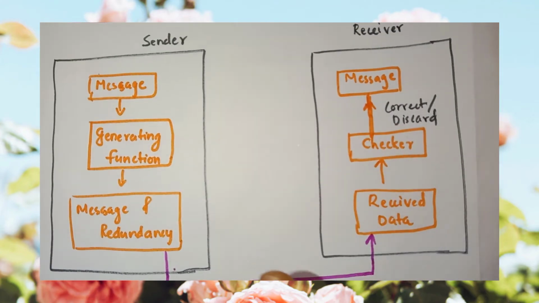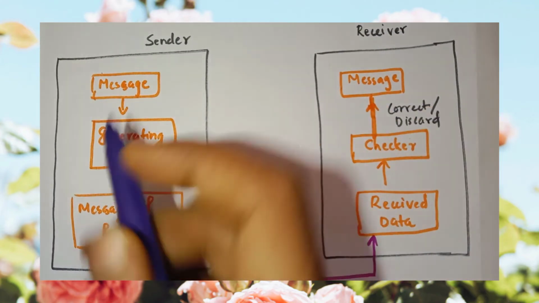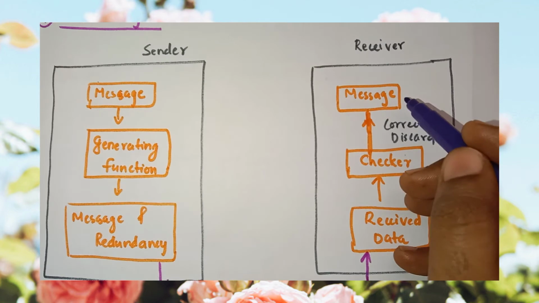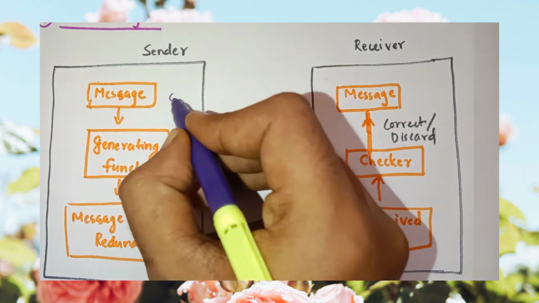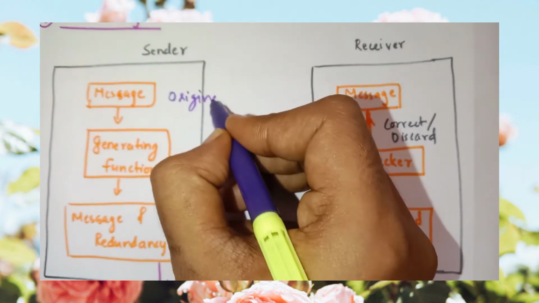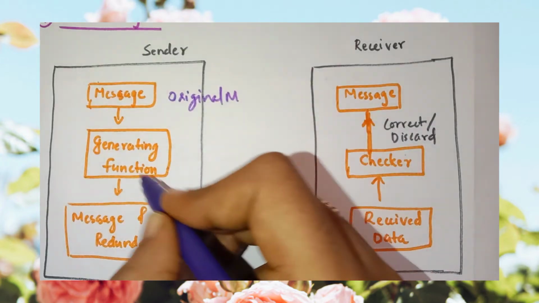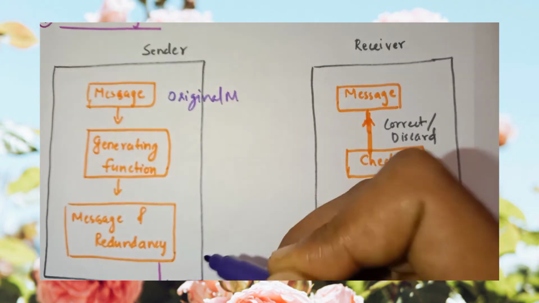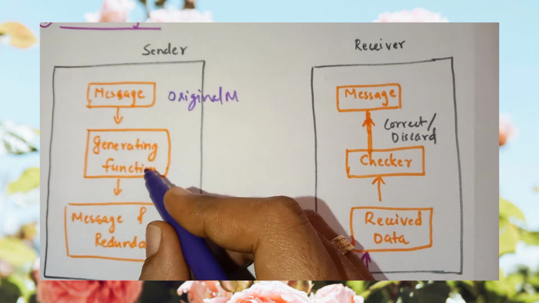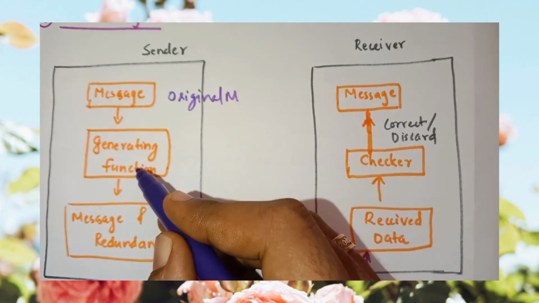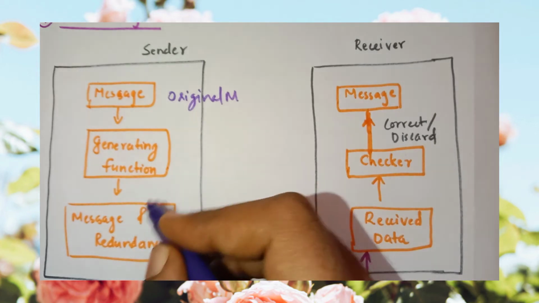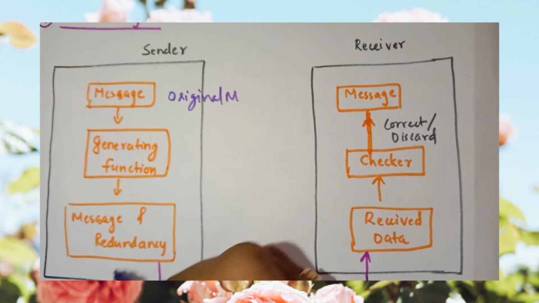This is the figure for this process. This is the sender side and this is the receiver side. This is the message, that means the original message. There is a generating function for redundancy bits. Using this generating function, redundancy bits are formed.